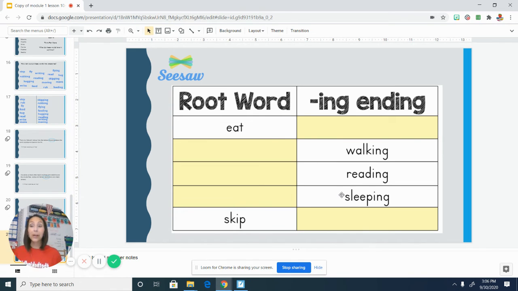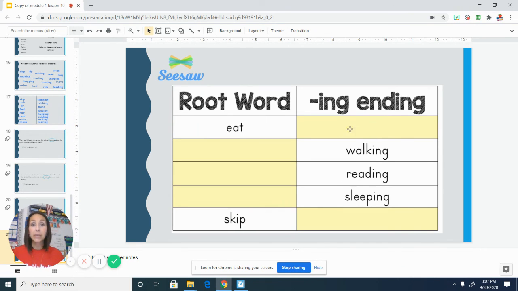Okay, so for your activity today, to get a little practice with root words and adding the ing ending, you will go into your Seesaw, which you came into to watch this video. But once you're finished watching the video, tap Add, and you will see this chart on your student response page.